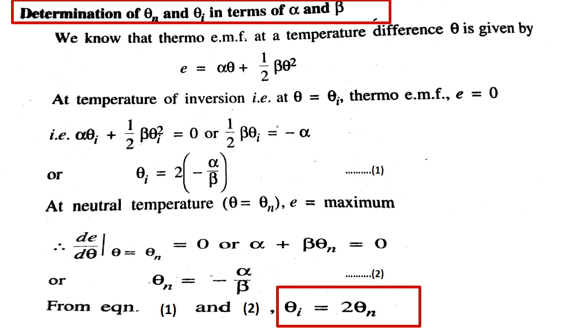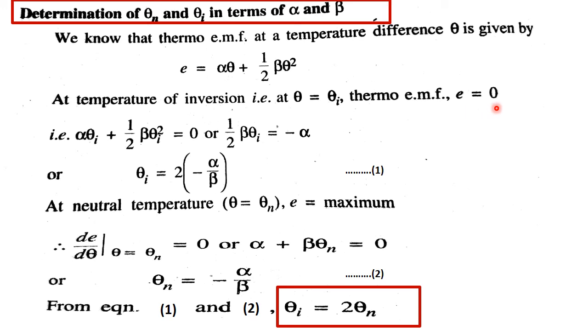Alright. Now, let us come to the determination of neutral temperature and temperature of inversion in terms of α and β. We know that α and β are constants, and the variation of thermo EMF with temperature difference θ is represented by the equation E = αθ + ½βθ². When the temperature is equal to the temperature of inversion, thermo EMF is 0.